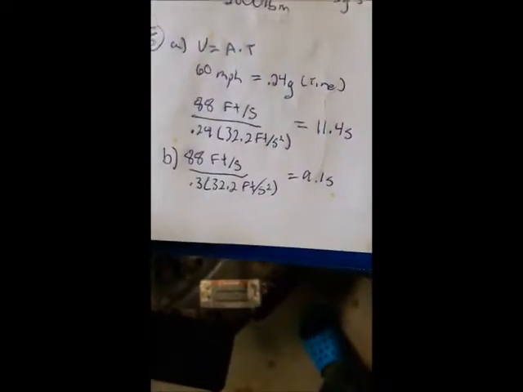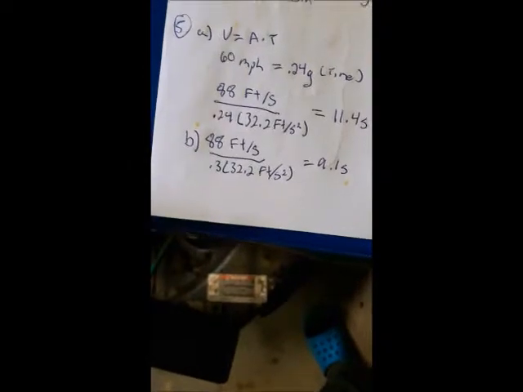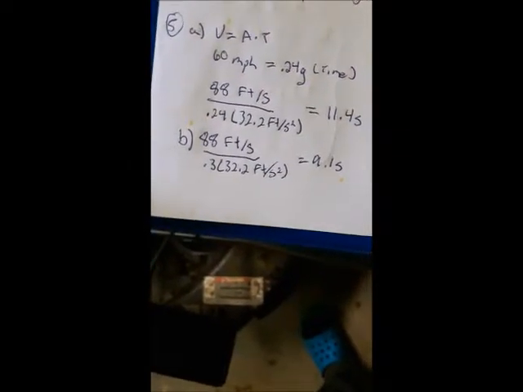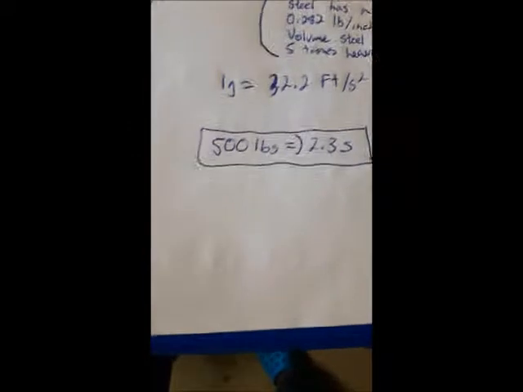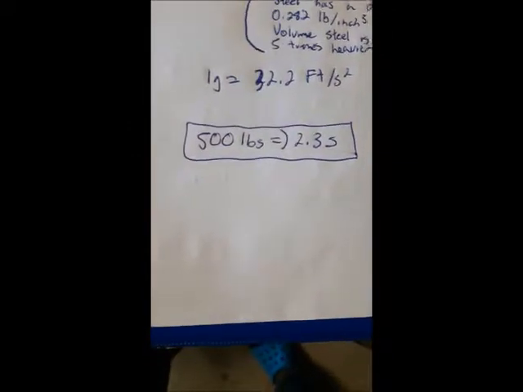So you have 88 feet per second over 0.3 times 32.2 feet per second squared. So therefore, it takes you 9.1 seconds. So, if you lose 500 pounds from your car using carbon fiber, you will gain 2.3 seconds in acceleration. That's pretty impressive. So, you will be even closer to that 10-second car that you've always wanted.